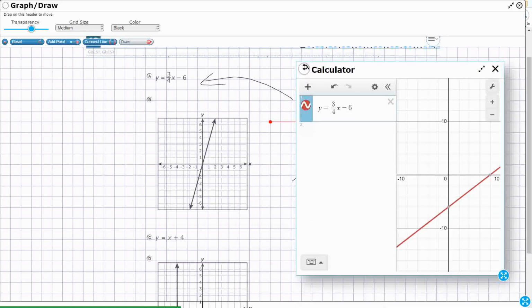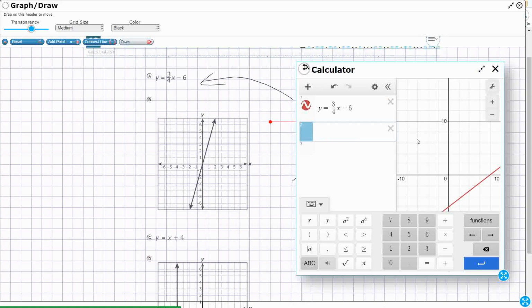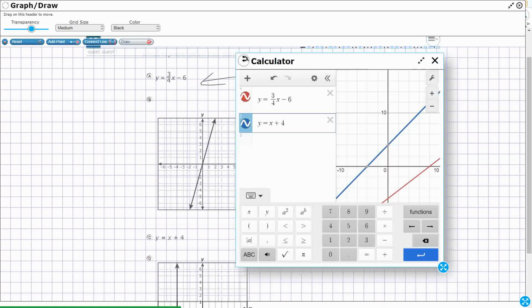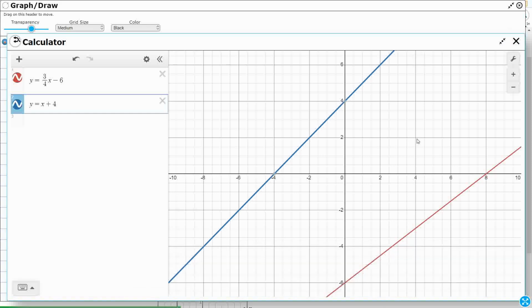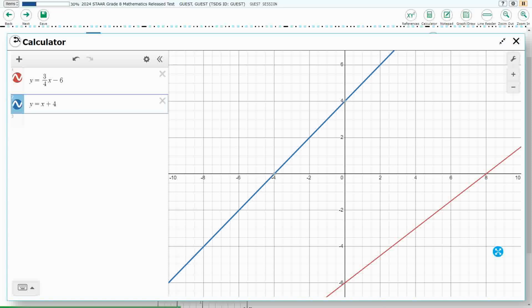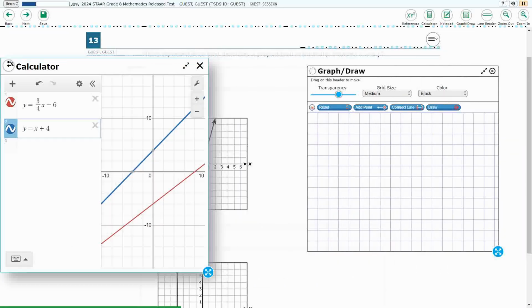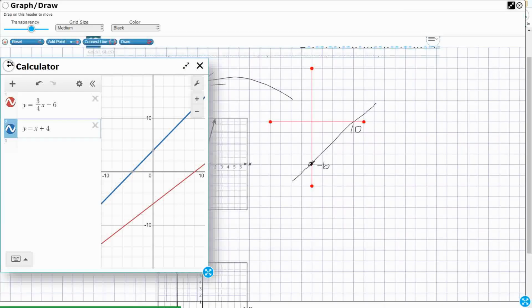Let's see what we have here for B. y equals x plus 4. All right, so it's also rising, and it crosses the x-axis at -4, the y-axis at +4. So we could do the same type thing here.